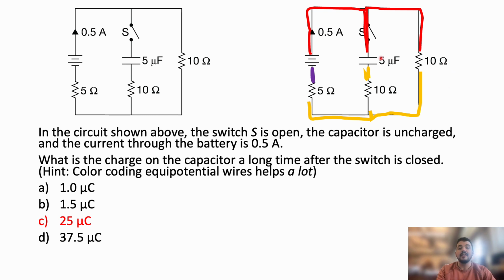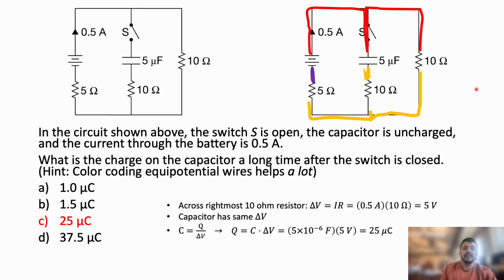And since there is no current flow here, I know that this ½ amp, all of it goes to the 10 ohm resistor. So if we look at this rightmost resistor, the ½ amp times 10 ohms, we know that the delta V across the resistor is 5 volts. That means that the capacitor, which has the same difference in potential, must also have a 5 volt potential difference.